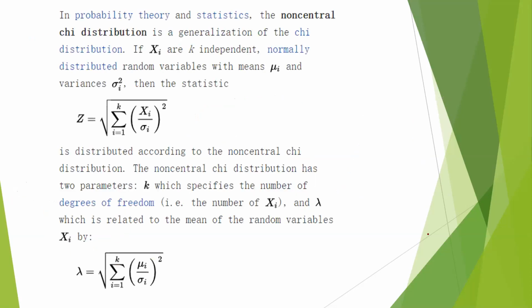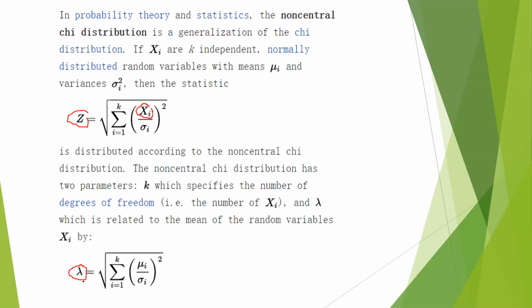All right, so this slide shows the relationship between the z, which is a normally distributed random variable, and the chi-square random variable, the lambda. I just copied and pasted from the website.